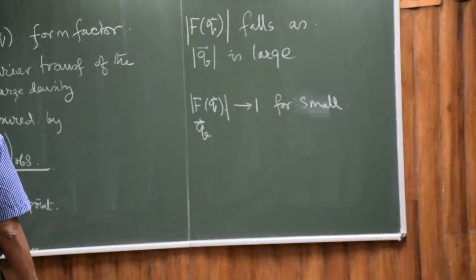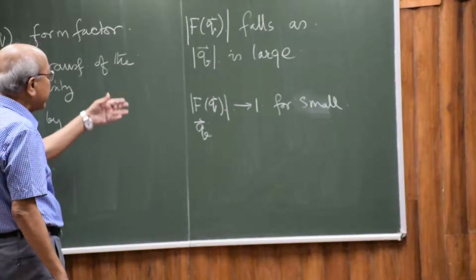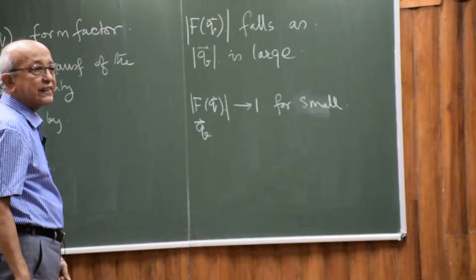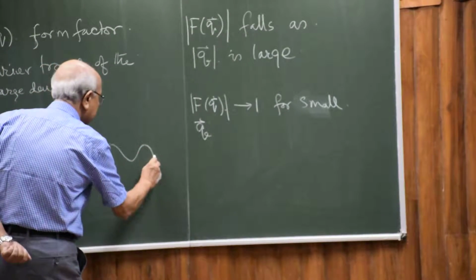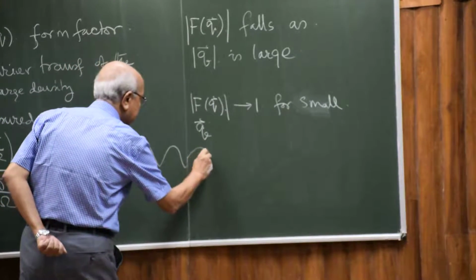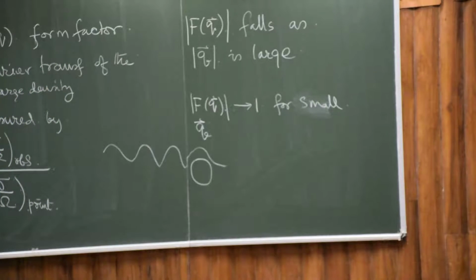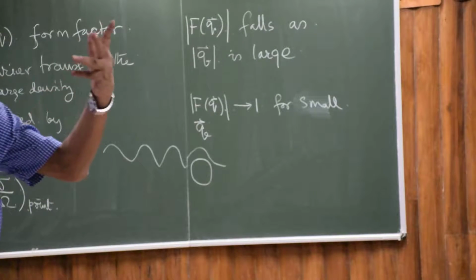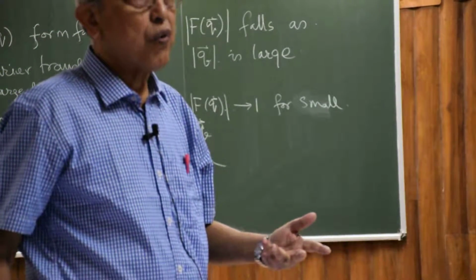So remember this is probably a very important step towards the next lecture. That is when q square is large, this is your scattering center. So the electron is interacting with the scattering center by exchanging a photon.